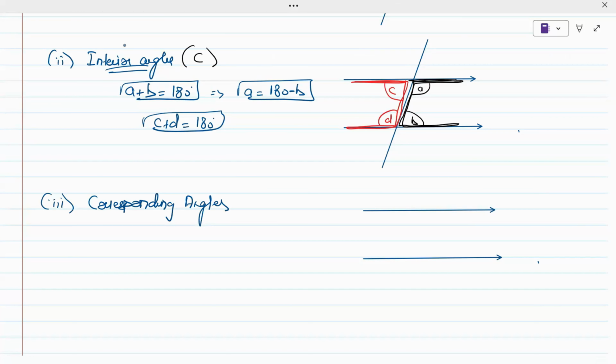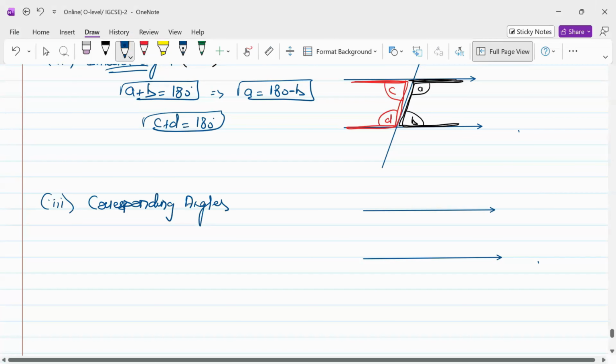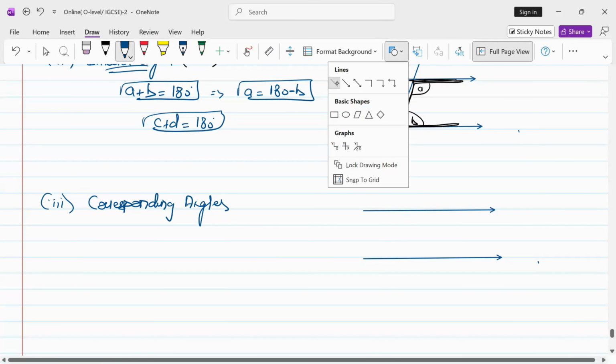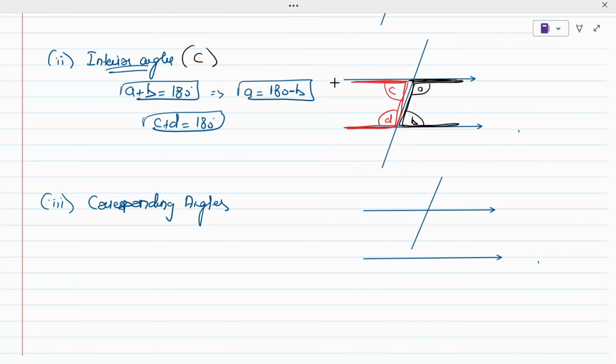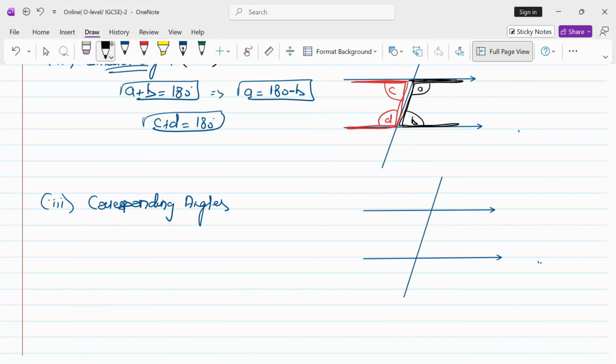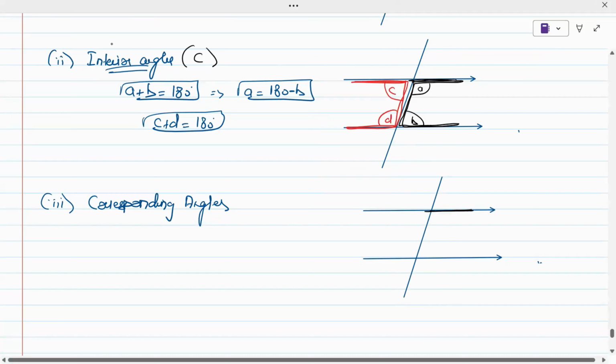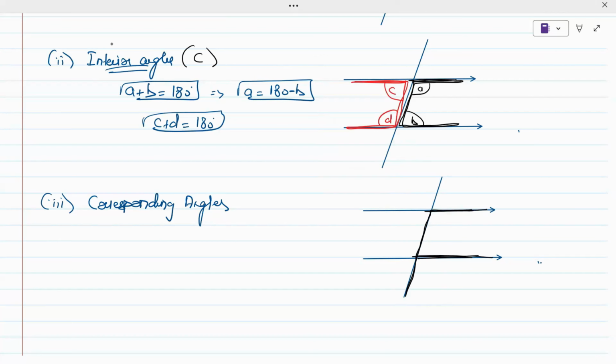So for corresponding angles, when two lines are parallel and a third line cuts them, you can see letter F here. Letter F is this. Okay, so letter F can always be seen.